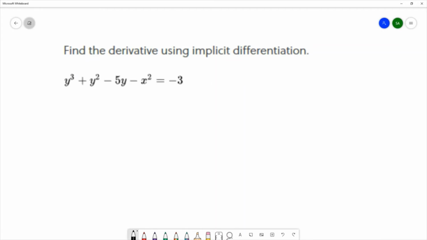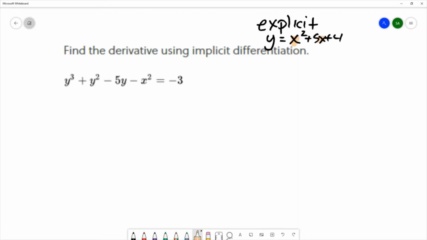Typically, we would see an equation in explicit format. And explicit format is when you have one variable written in terms of the other variable. For instance, if you have y equals x squared plus 5x plus 4, this equation is written explicitly. Y is written explicitly with x as the variable.